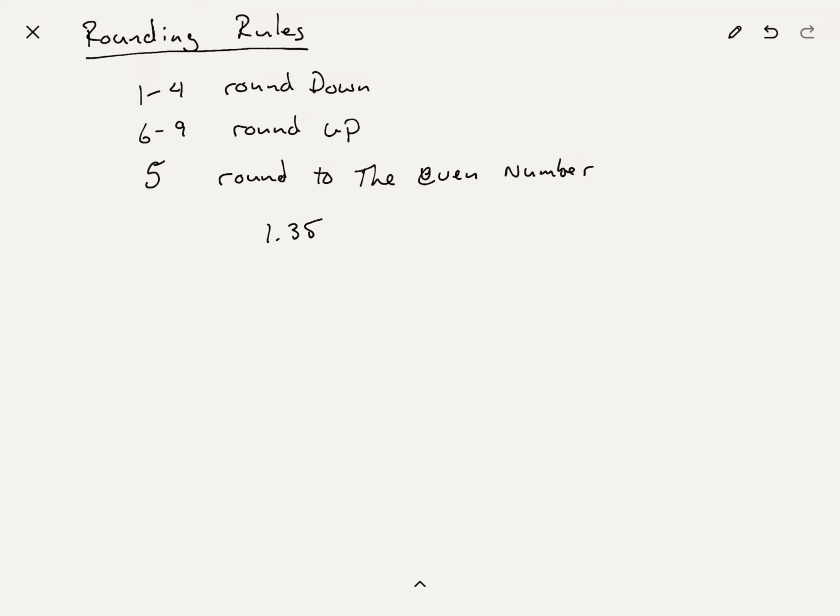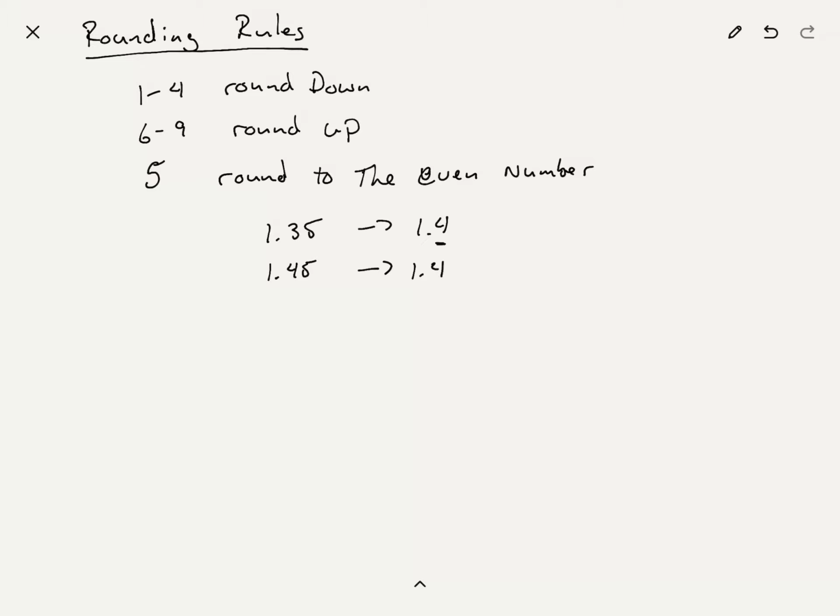1.35, if we were rounding to 2 significant figures, would round to 1.4 because we want to round to the even number. So this 5 is going to make the 3 go up. At the same time, 1.45, if we were rounding to 2 significant figures, would round down because we don't want to go to 1.5. That's not an even number.